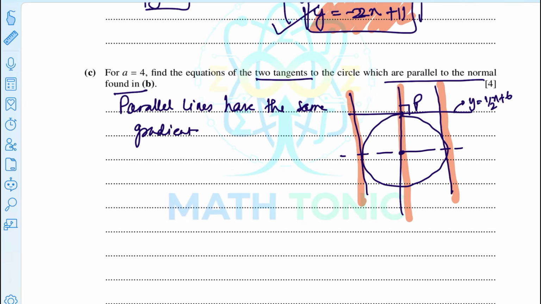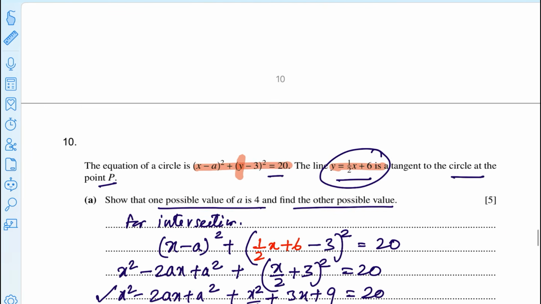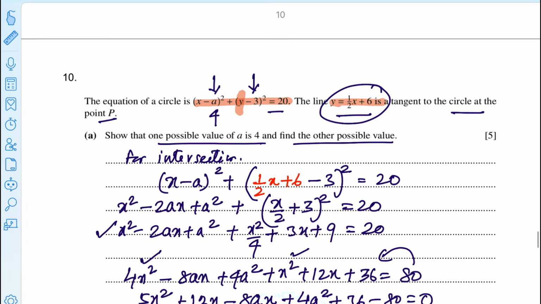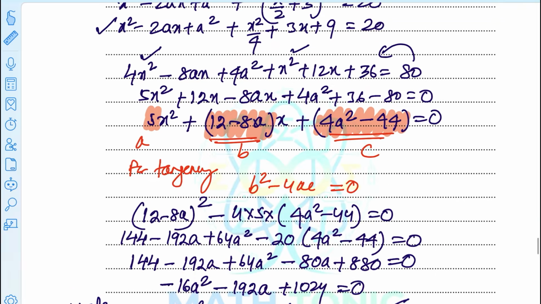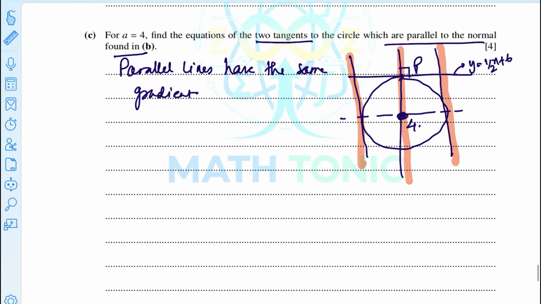So the circle equation, first of all tell me how to find out this center. How to find out the center? If you see this, what is the value of a we have? a equals 4 is given, right? And what is the value of this? It is 3. So 4 and 3 will be the center from the equation of a circle, right? So I'm writing here, this one is given, 4 comma 3.